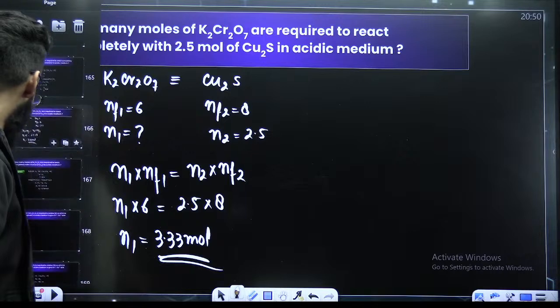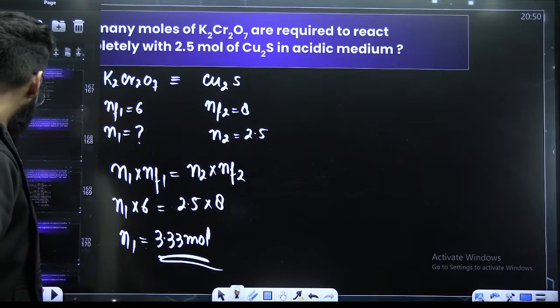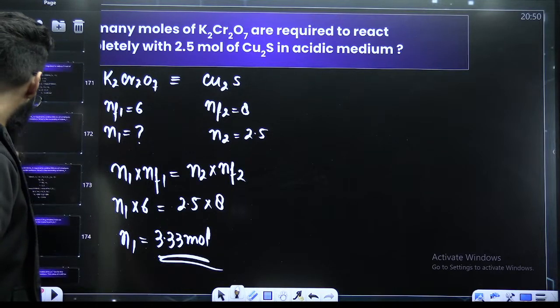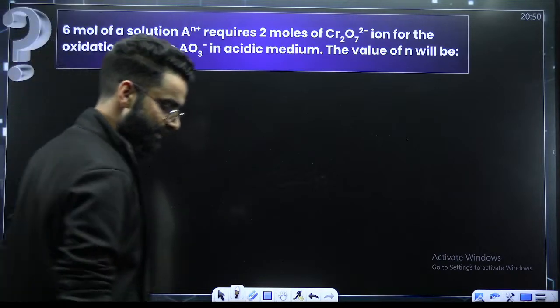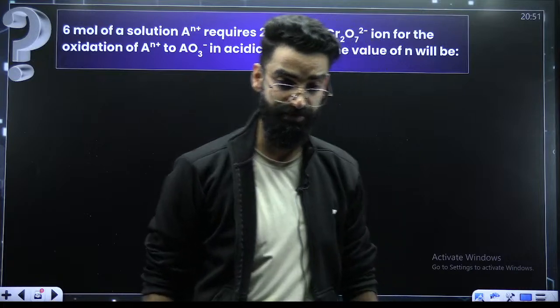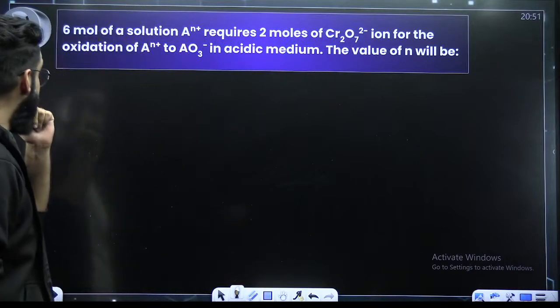Okay, I hope this is clear. For example, let's say you have got a question like this. You should be able to solve this one as well, and it's pretty simple.